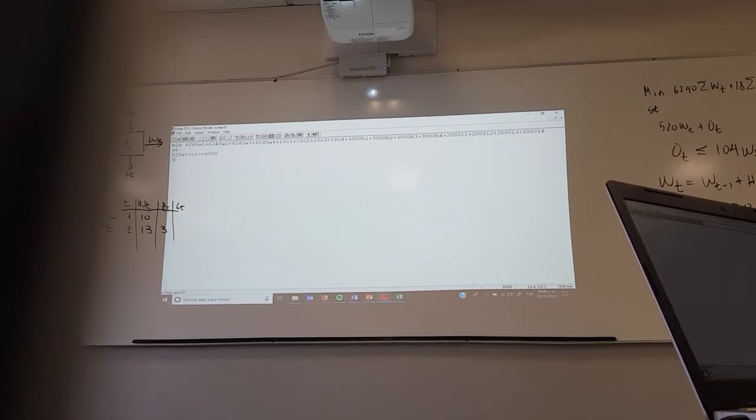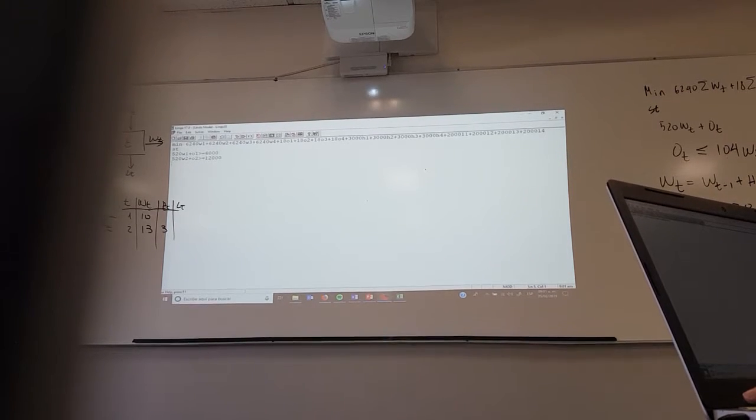Next, same thing. 520 W2 plus O2 greater than or equal to 12,000.